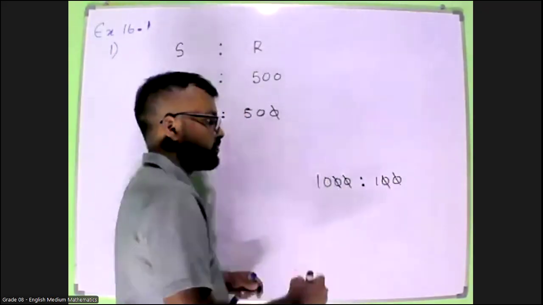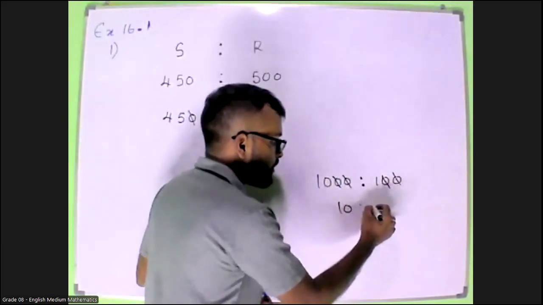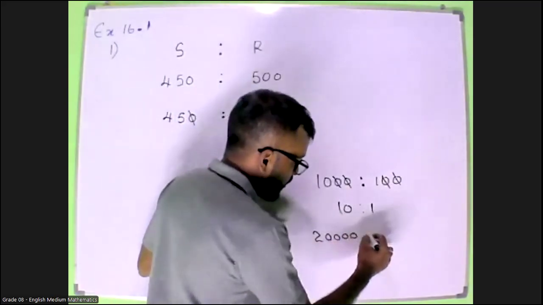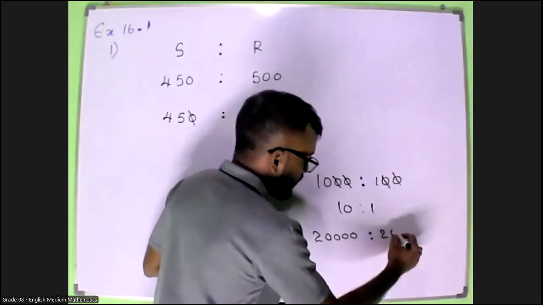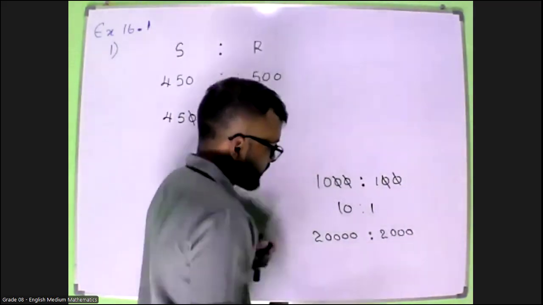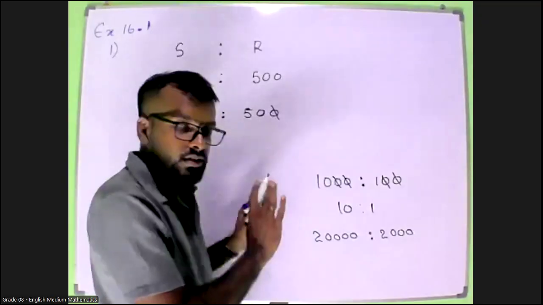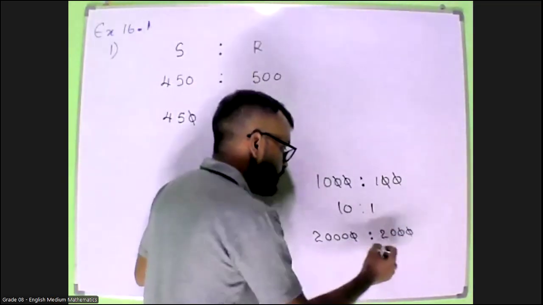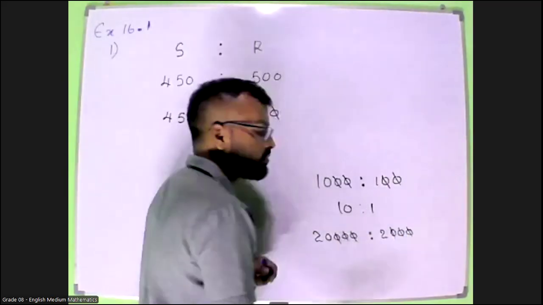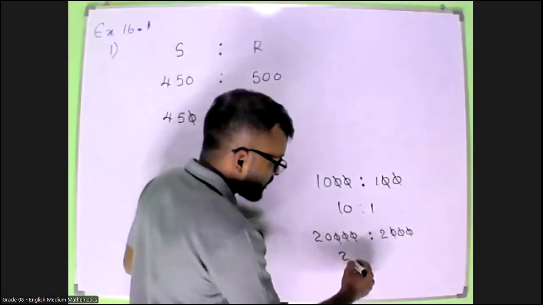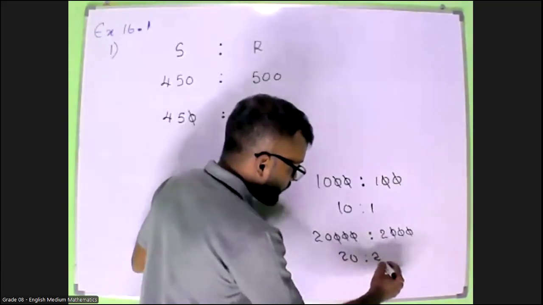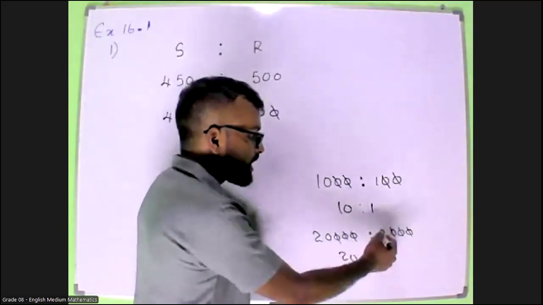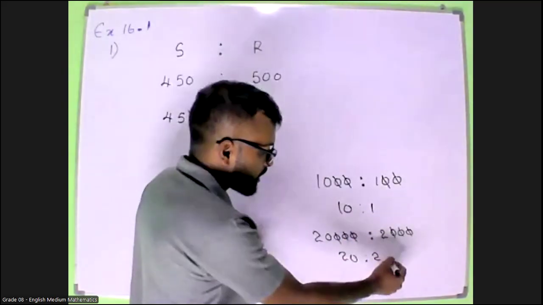So the answer will be 10 to 1. Try to catch the logic. 0 to 0, 0 to 0, 0 to 0. So the answer is 20 to 2. This is not the simplest form, but after cancelling out the zeros, you can get this.